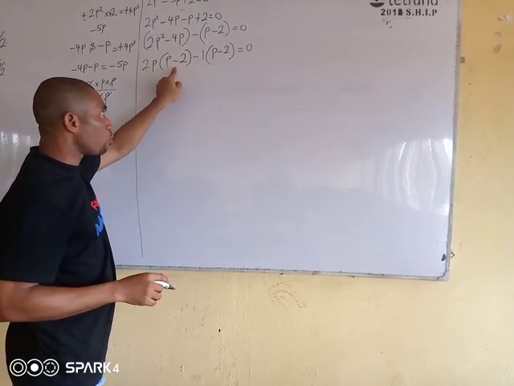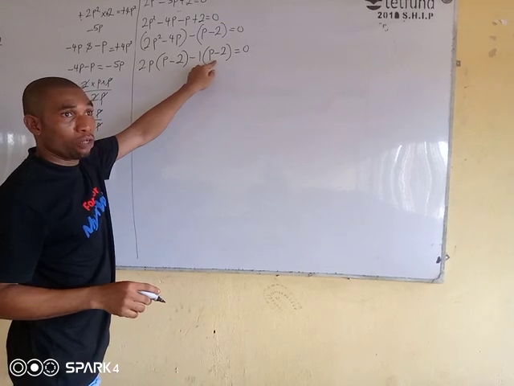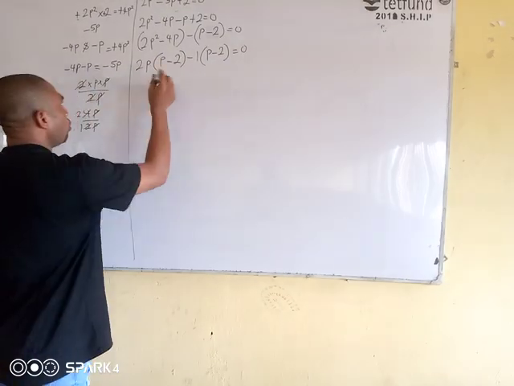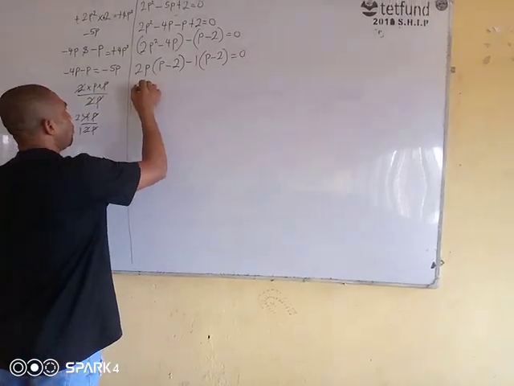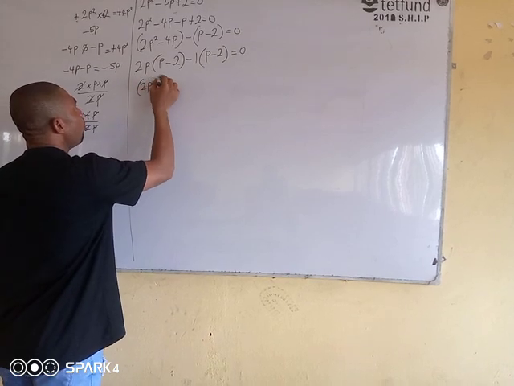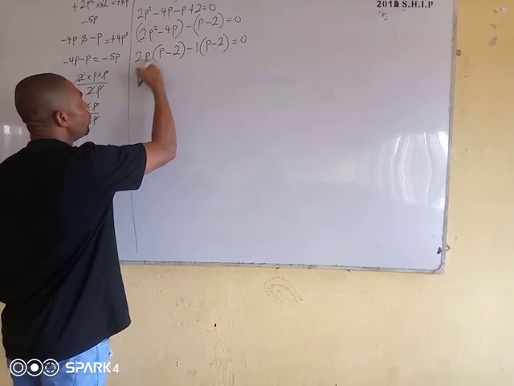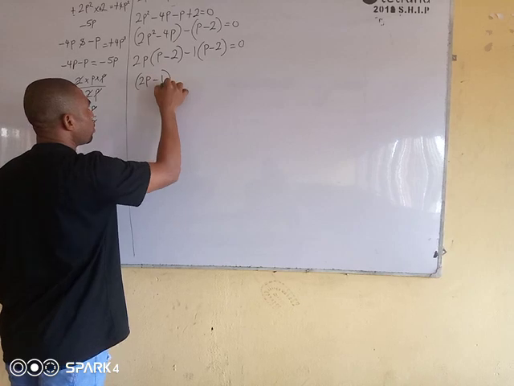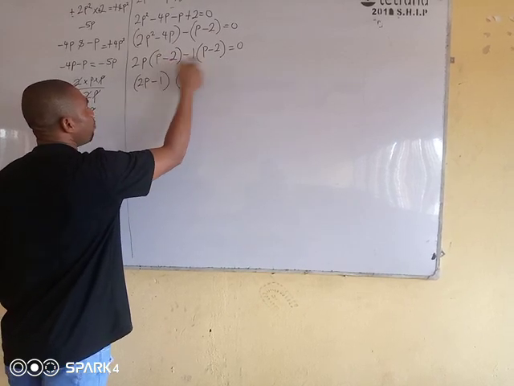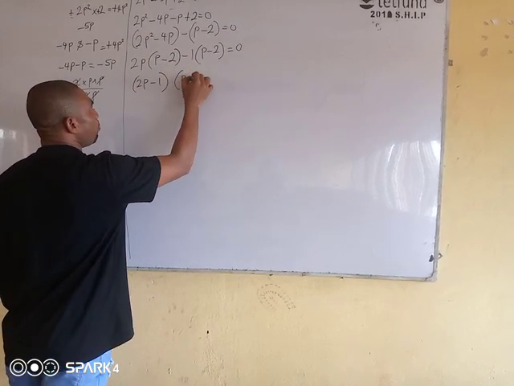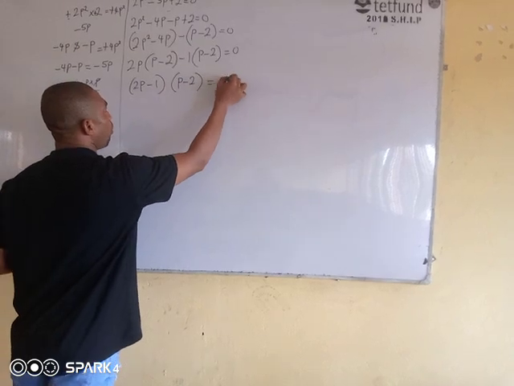I'm having p minus 2, I'm also having p minus 2 here. Let's factor out 1. So from here, we're going to have 2p minus 1, multiplied by p minus 2, is equal to 0.